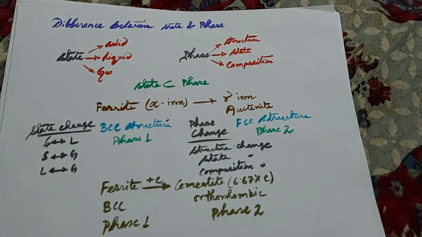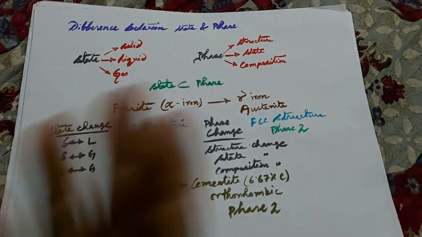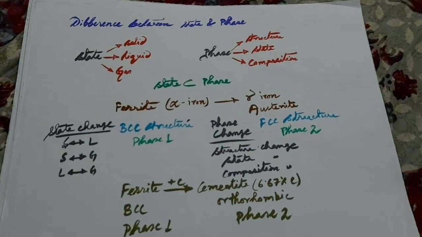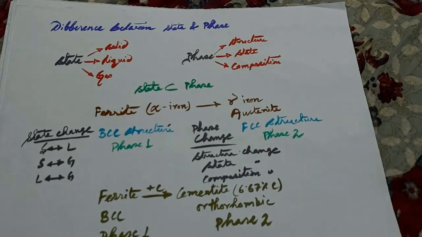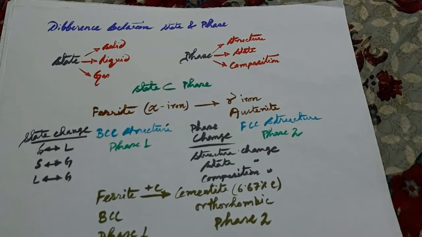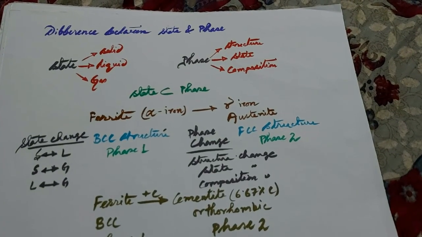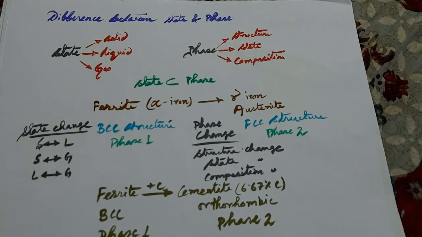So right now I already told you about 4 different phases: liquid phase, alpha phase, beta phase, gamma phase. But state is always 3: solid state, liquid state, and gaseous state.